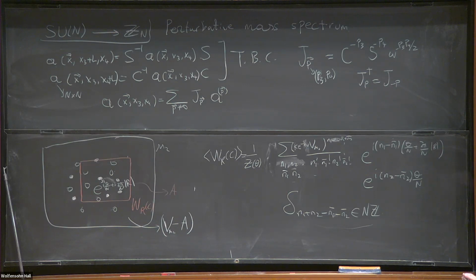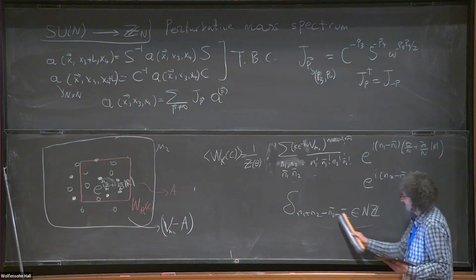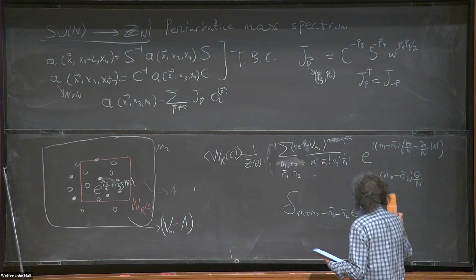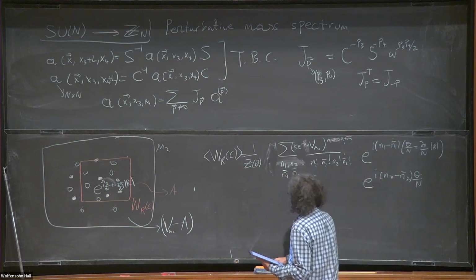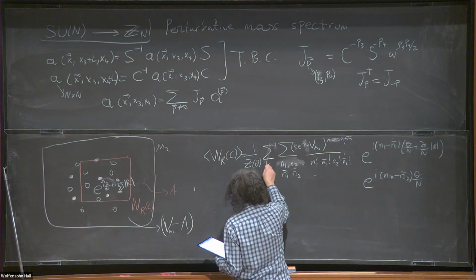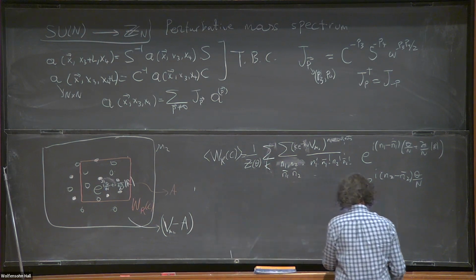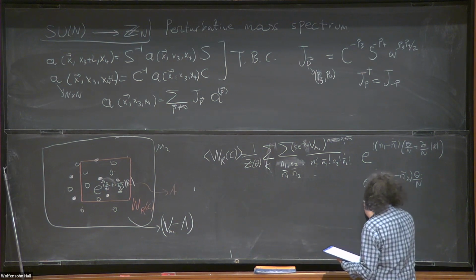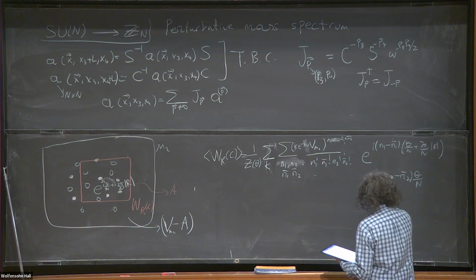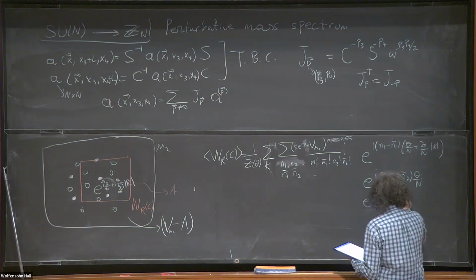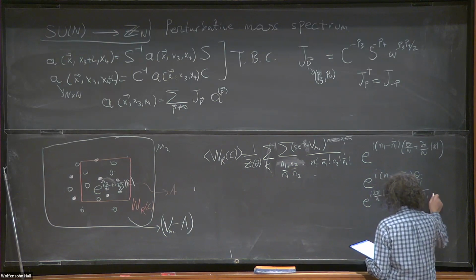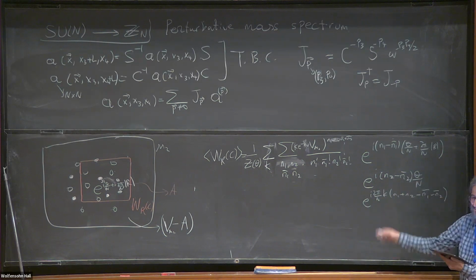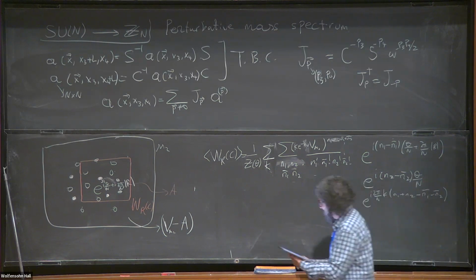I can now use the same Dirac delta to convert this into a sum over K. So I am erasing this one, putting a sum over K there, and putting these appropriate factors, I 2 pi over n k times n1 plus n2 minus n1 bar minus n2 bar. And you can do this summation. It's not very difficult. And here is what you obtain.